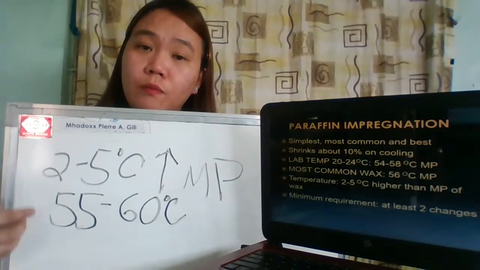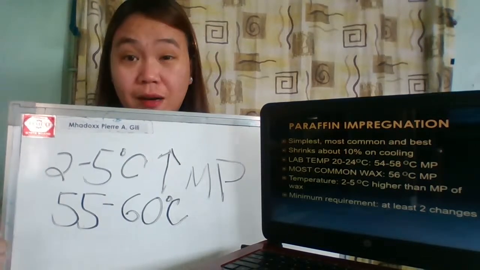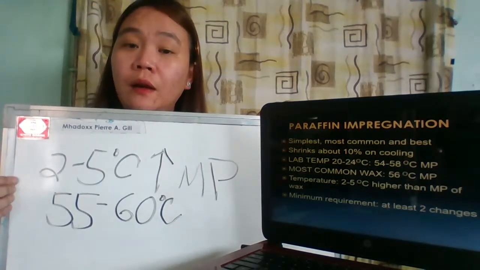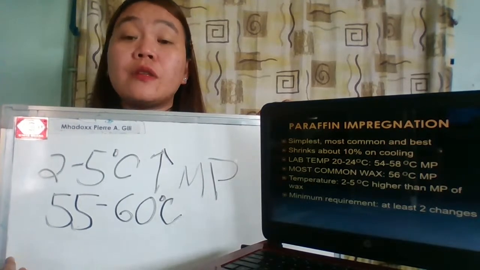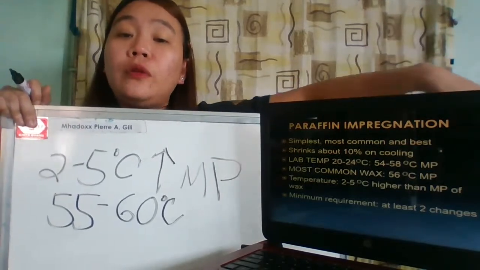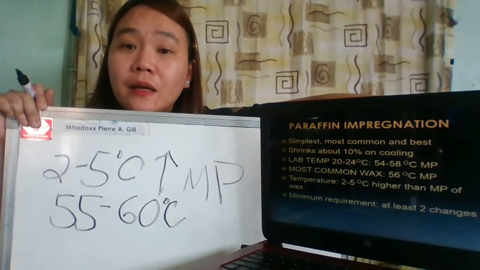Between the two, which one is better? 55 to 60 degrees Celsius is a better answer. So say for example, in my exam, it says there, A, 2 to 5 degrees Celsius higher than the melting point of the wax.